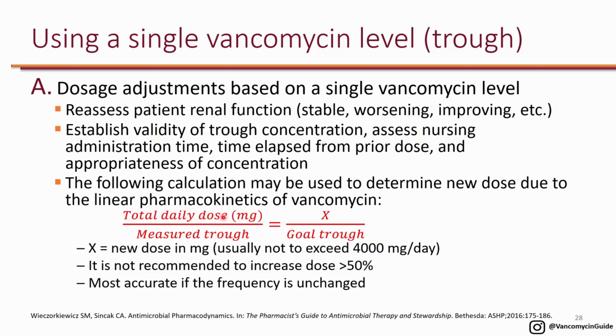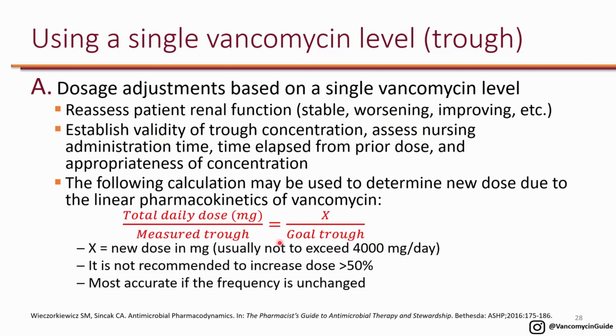So you would put 3000 milligram here, and then you would put here the actual level that came back as a trough, assuming that the measured trough was not at goal, because if it was at goal, then you shouldn't change the dose. But if it was not at the target trough, then you need to adjust the dose. So then here you would put the goal trough and then solve for X, and X would give you the total daily dose.